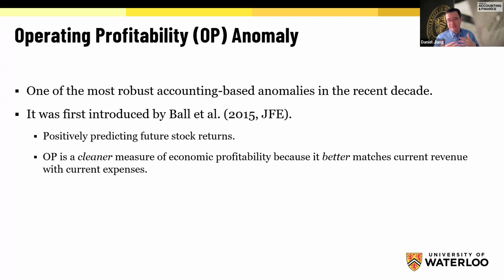But if investors still underreact to the operating profitability and their initial underreaction only gets corrected as they learn more about the firm's future profitability, then the firm's future stock returns will be increasing in the operating profitability. So in other words, the OP has a positive stock return predictive power.